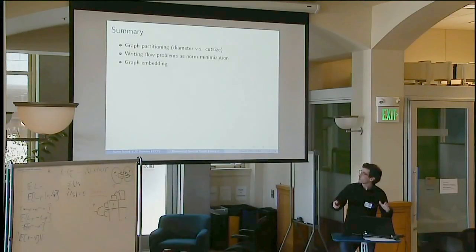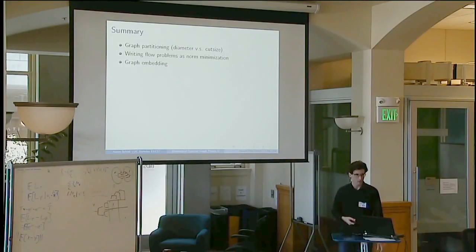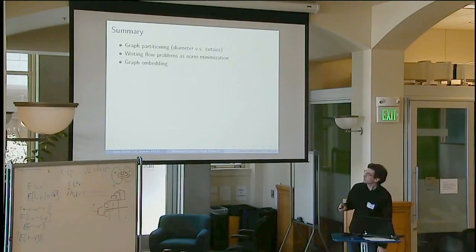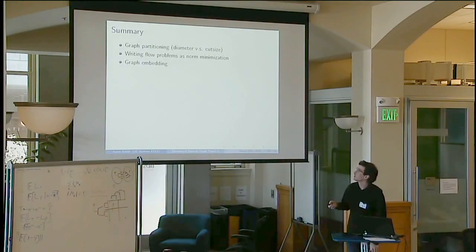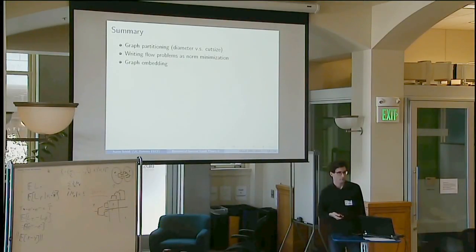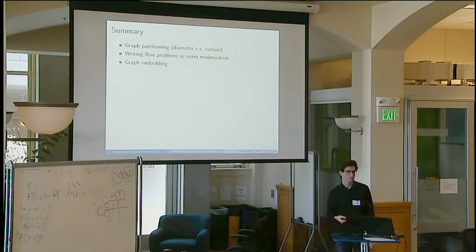We then talked about how using some graph partitioning guarantees, we could get a faster algorithm. And then we did even better by switching to electrical flows. By writing our problem linear algebraically, we were able to get faster algorithms, essentially by observing that we can now view this problem geometrically. Any questions?